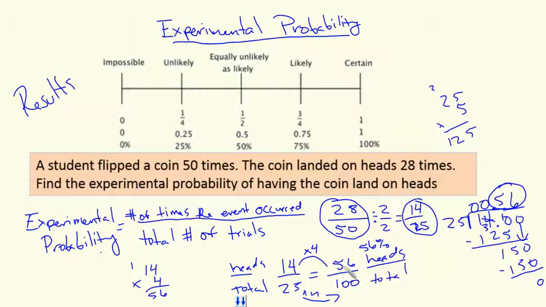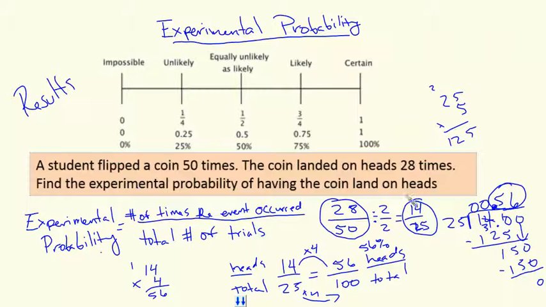Now, notice that 56 hundredths as a decimal is the same as 56 over 100 as a fraction. So if you're really good with turning decimals into percentages, then you know that this is 56 hundredths, and that's 56 over 100. So that would be 56%.